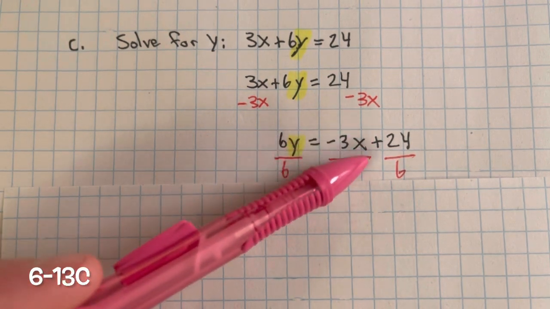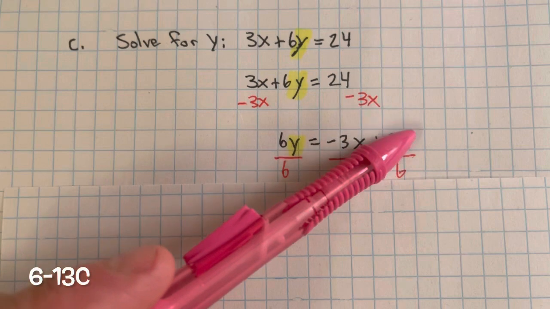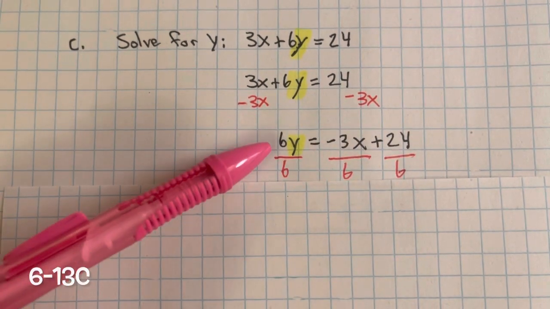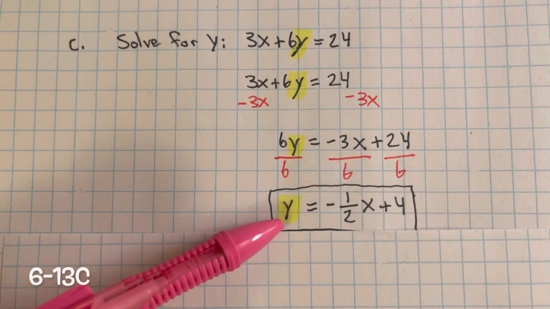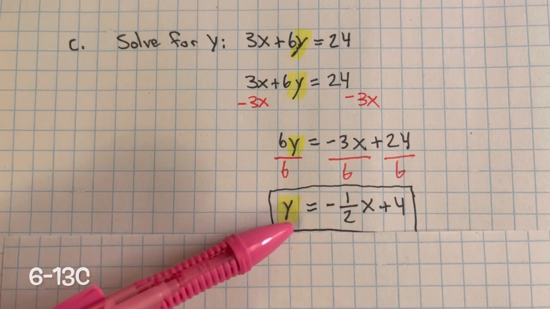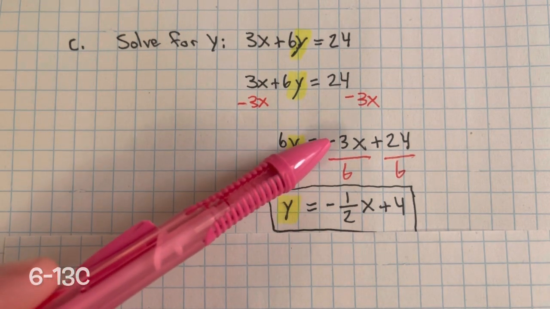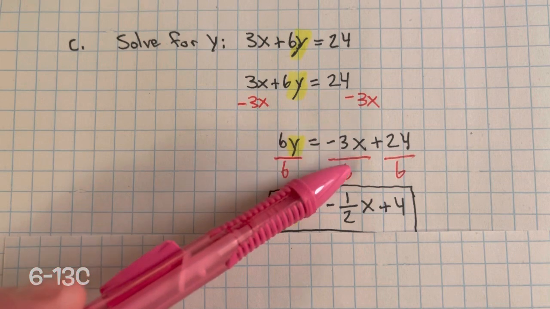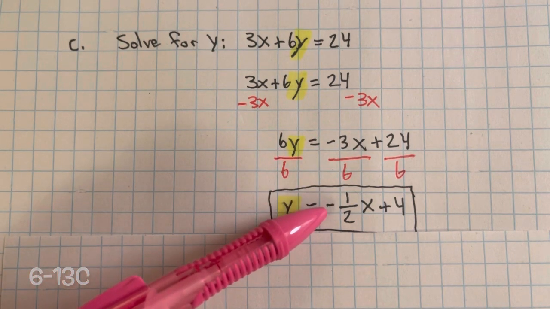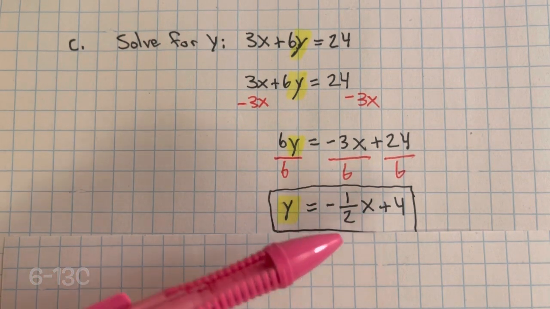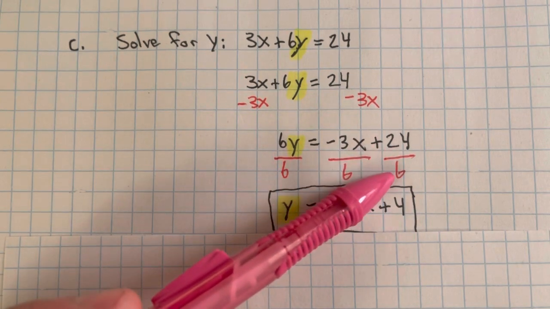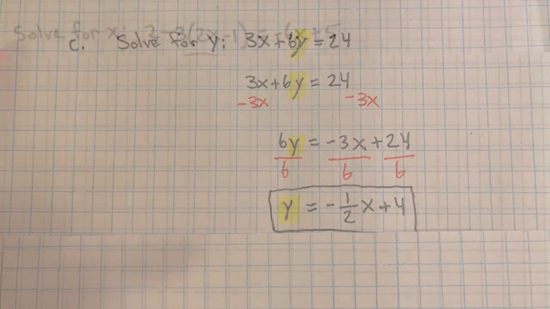So here's one term, we're dividing by 6. Here's the second term, we're dividing by 6. 6 divided by 6 is 1, or just y. -3x divided by 6 is -1/2 x. And then 24 divided by 6 is 4.